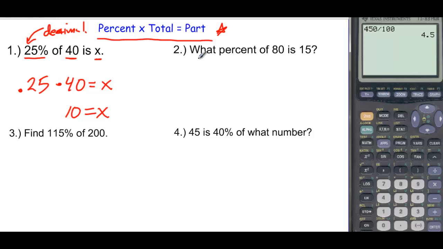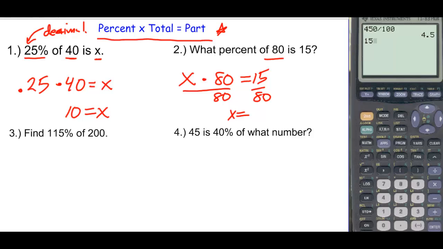Okay, let's take a look over here. What percent? So percent goes first. So x, what percent of the total 80 is 15. And these are where a lot of students get used to this: they're like, oh, to get x by itself, all we do is divide by 80 on both sides, and x is equal to, and again we do it in the calculator, 15 divided by 80.